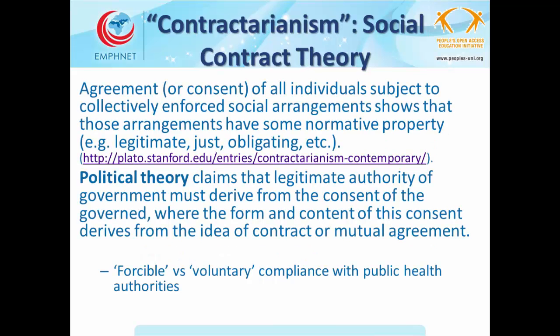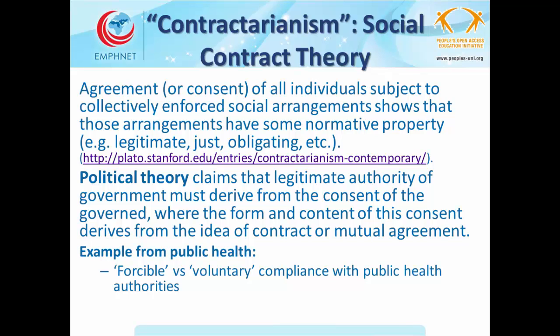Contractualism, or the social contract theory, is briefly a kind of agreement among the individuals in the community, so that they accept enforced social arrangements among themselves. In political theory, it claims that the legitimate authority of government must derive from the consent of the governed people, which is basically talking about democracy.